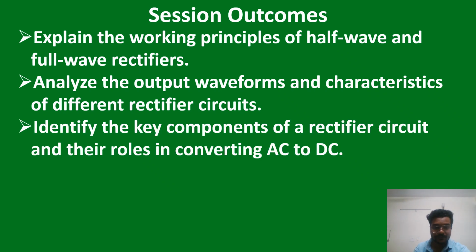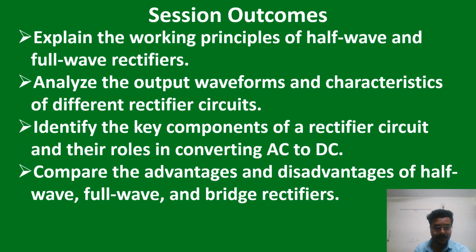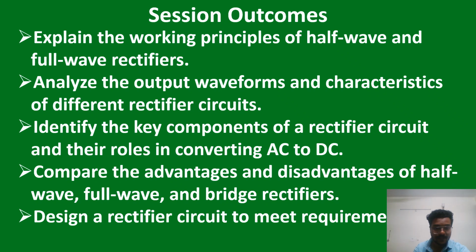And we will identify the key components of the rectifier circuit and their roles in converting AC to DC. We will also compare the advantages and disadvantages of half wave rectifier, full wave rectifier, and bridge rectifier. And we will design a rectifier circuit to meet a requirement.